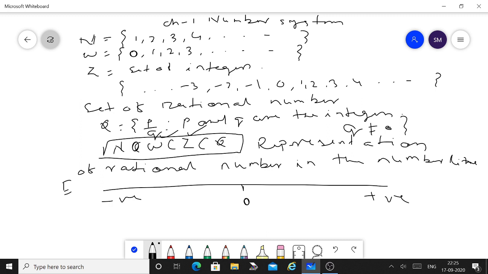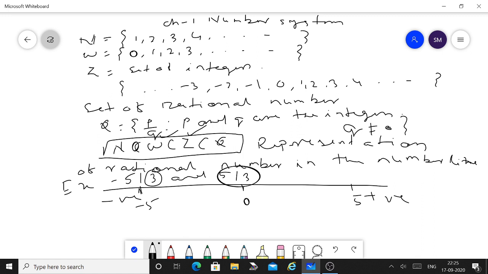Okay, take the example. Represent -5 by 3 and 5 by 3 in the number line. Take here -5, then take here +5. Then what is in the denominator? 3.